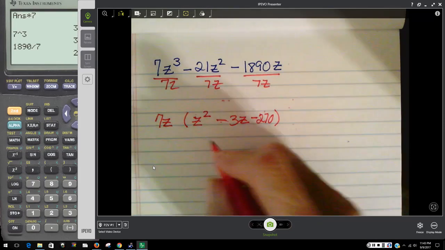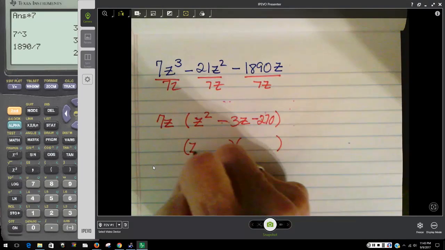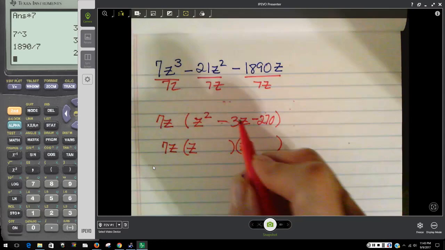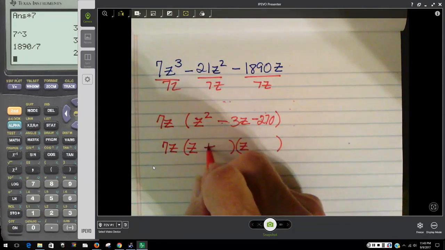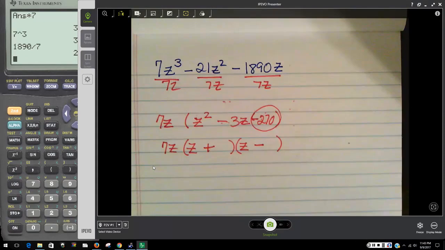So that tells me when I try to factor this part, I do have z times z. It is negative, so one of these is positive, one of these is negative, and I'm looking for the factors of negative 270. So let me try again.